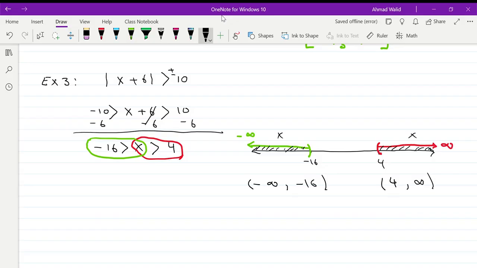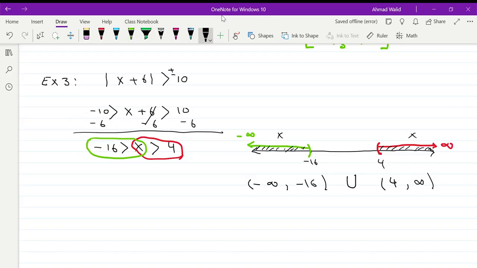Now you have to join these two answers together. What you do, you use the union sign here, correct? This solution set plus this solution set, all is the answer for this absolute value inequality, correct?